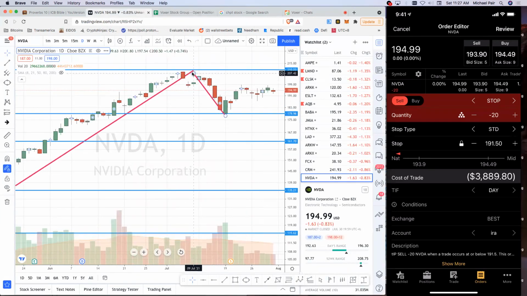So let's say you bought here at the 209 because you thought it was going higher, but you see that you were wrong on your entry and it just went down. If you don't want to suffer this full breakdown to the 178 and even possibly lower, you could have put a stop loss in somewhere below your entry price in order to get you out to limit your downside risk.